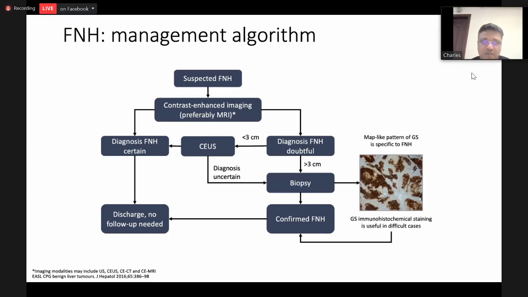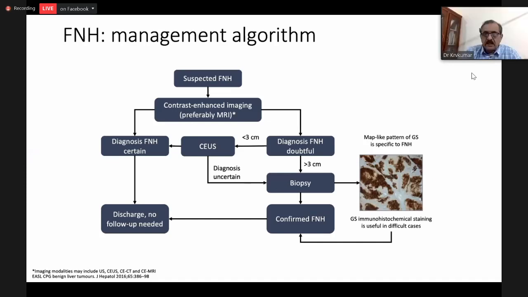There's a vascular malformation that occurs early in life, and around that there's a hypertrophy of the normal hepatocytes. That's what occurs in FNH. So you have a central scar with vascularity, and around that there's a hyperplasia of the hepatocytes.